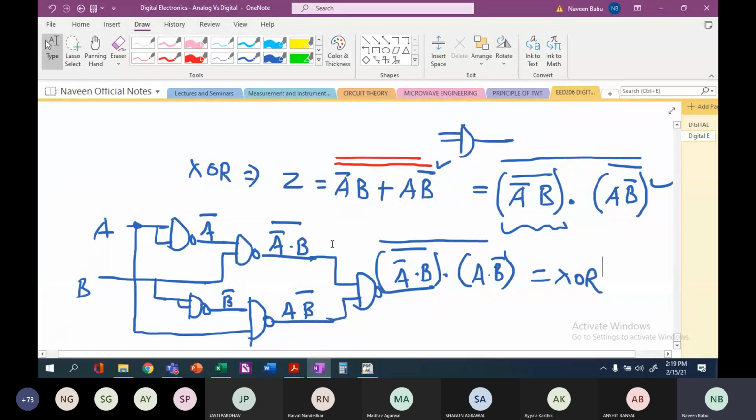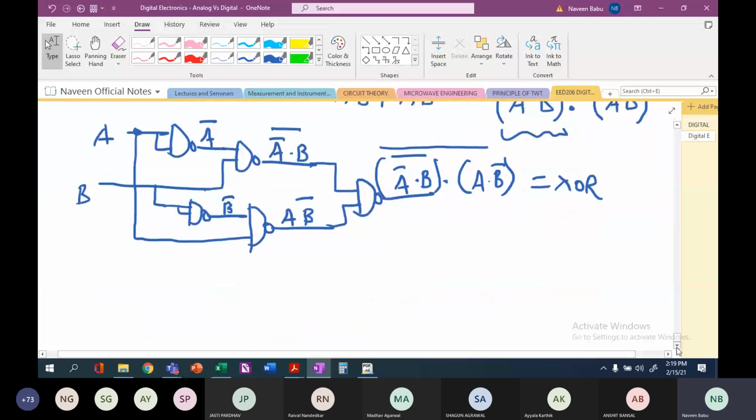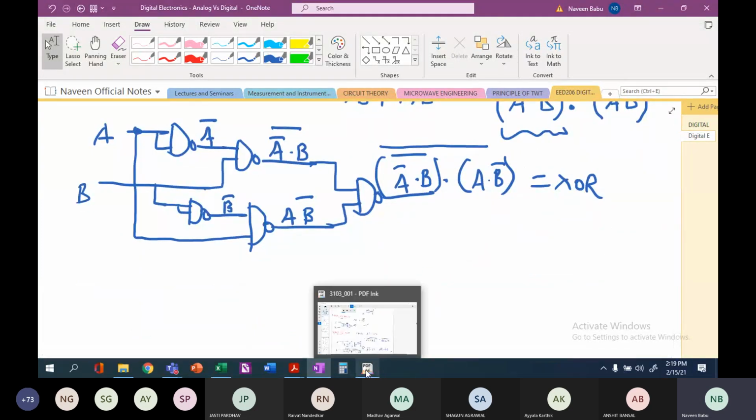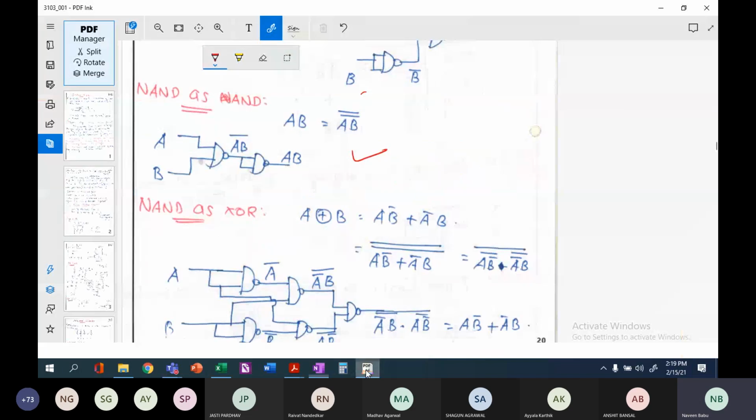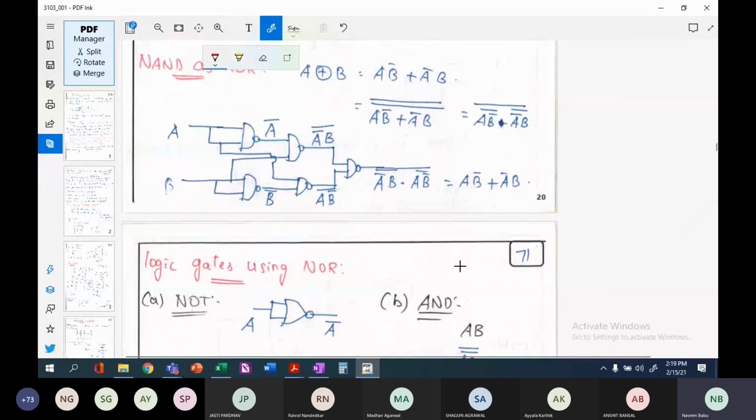Okay. So this is how you convert any given gate to a NAND gate. Any doubt here? Okay. It is the same implementation in fact.